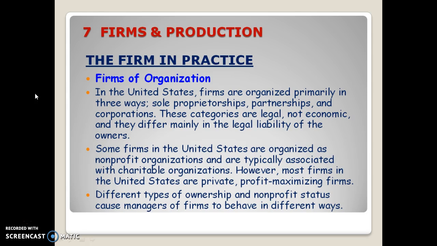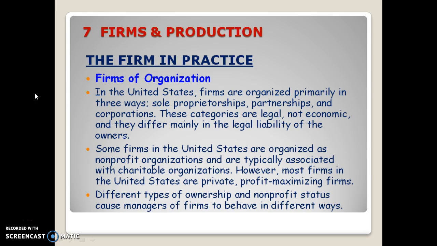When we look at firms in the United States, you'll know that firms are organized primarily in 3 ways: sole proprietorship, partnership, and corporations. When we look at these 3 types of firms, you'll notice that they're very important. And many of them are organized in such a way that helps create advantageous opportunities for them.